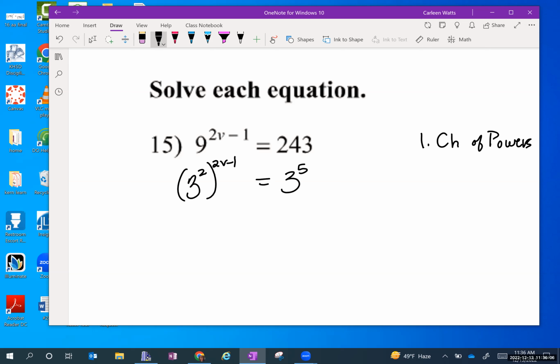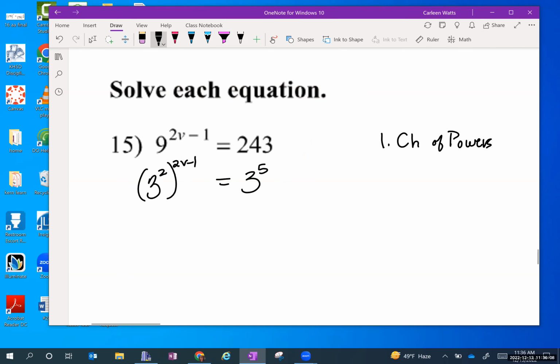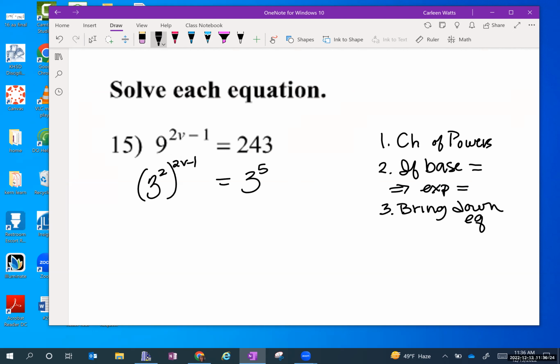Correct. Yes. Okay. So if the base is the same, then the exponents are the same. So bring down the equation. Okay, you're going to bring down the equation.